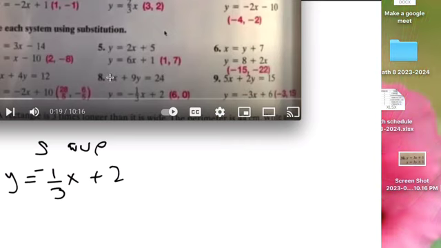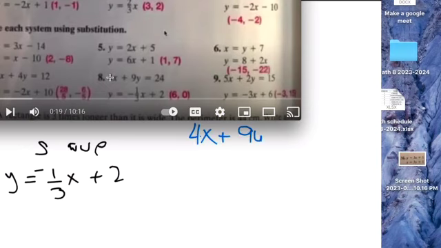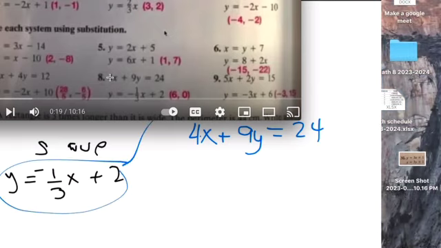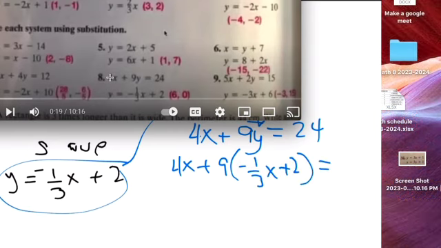So that means I have 4x plus 9y equals 24. This is number 8, okay guys? Take this and substitute it in here. So 4 times x plus 9 times (-1 over 3x plus 2) equals 24.